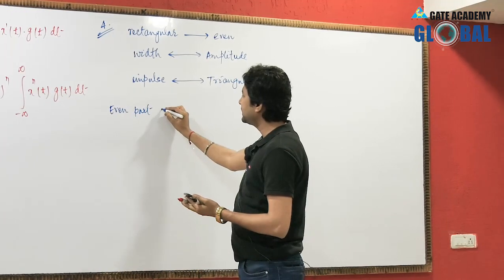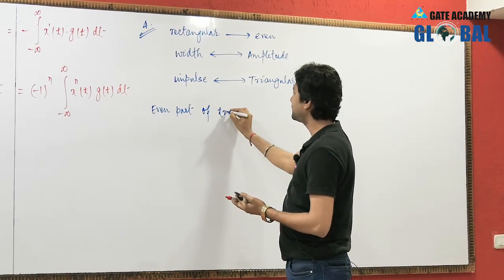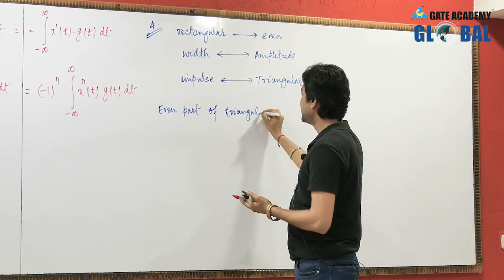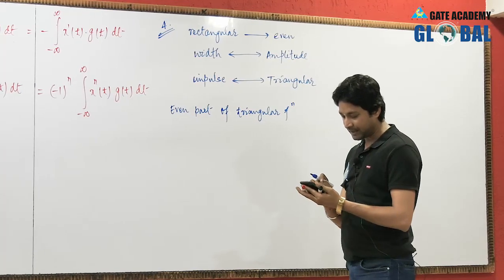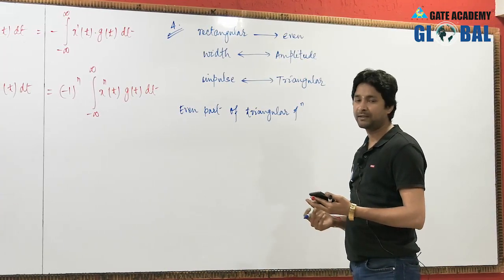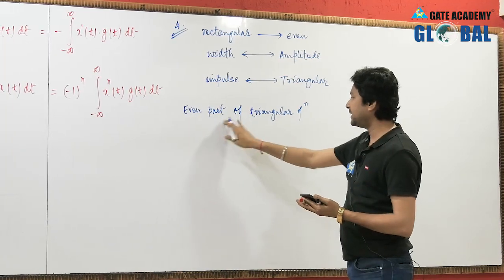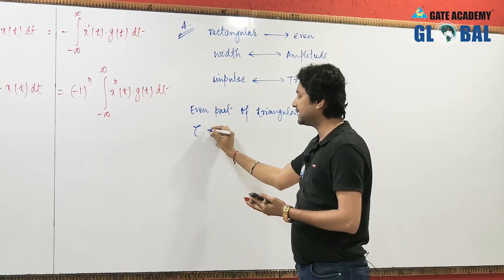So the rectangular part, the even part, of impulse, which is used for triangular, means the even part of the triangular function. Which kind of triangular function? A triangular function of half amplitude. Half is okay, but amplitude means width. So the even part of a rectangular function of half width is tau.